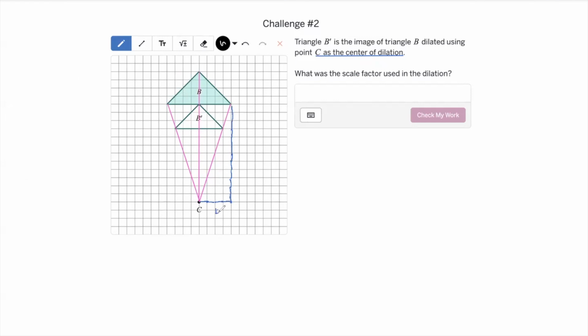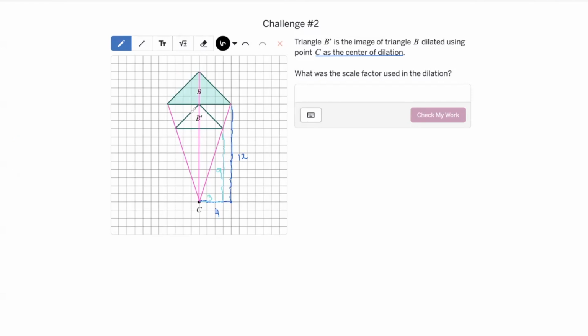Okay, so that's 4 and that's 12. And if I want to go to the new shape, then I would go over 1, 2, 3, and then 1, 2, 3, 4, 5, 6, 7, 8, 9. So this is 3 and this is 9.